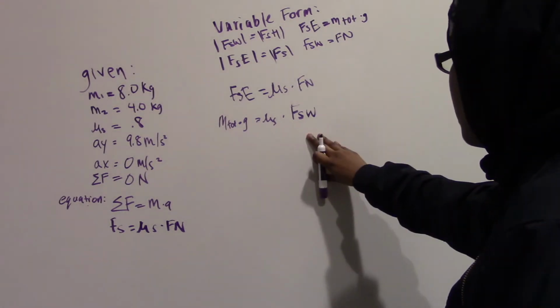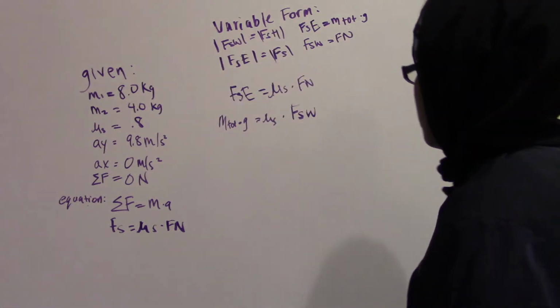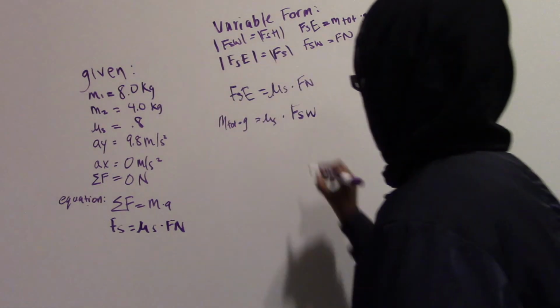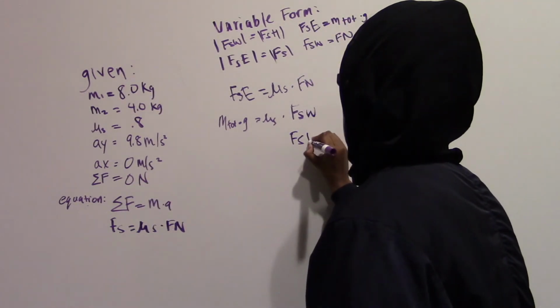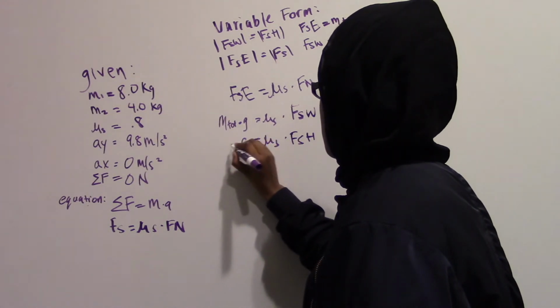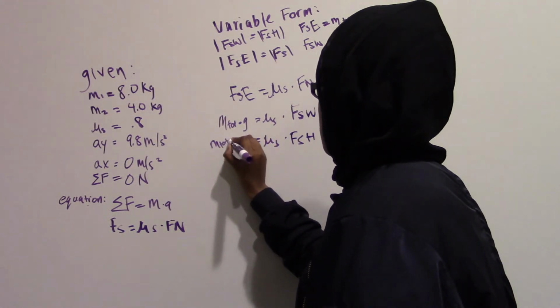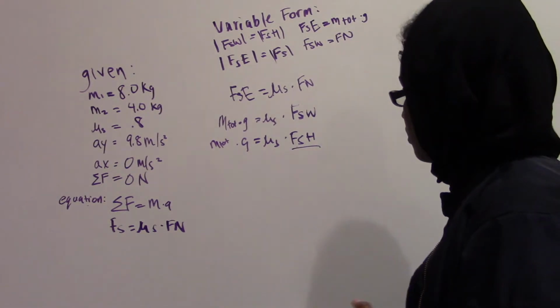So here, right, we said F sub W is equal to F sub H. We can just put that there, right? So we're just setting a lot of things equal to each other. F sub H times mu S is equal to G times M total. Right? Okay, so now we're looking for this, right?